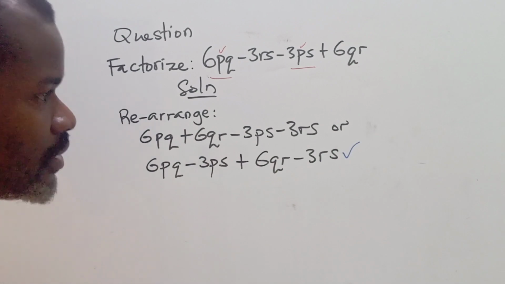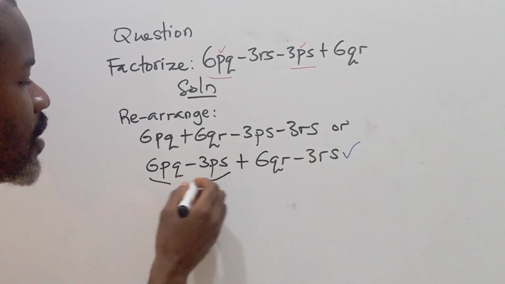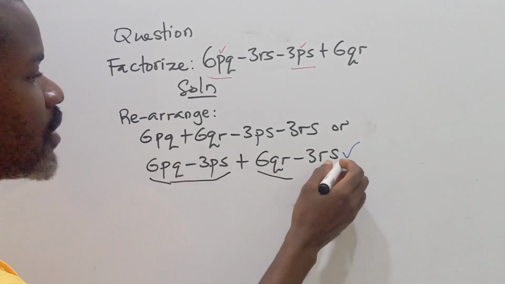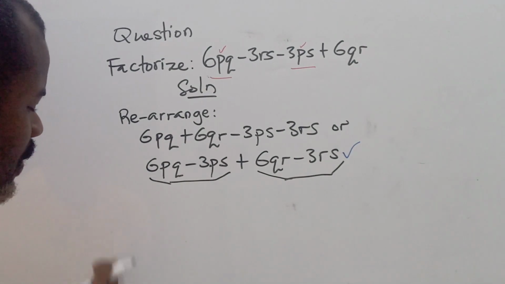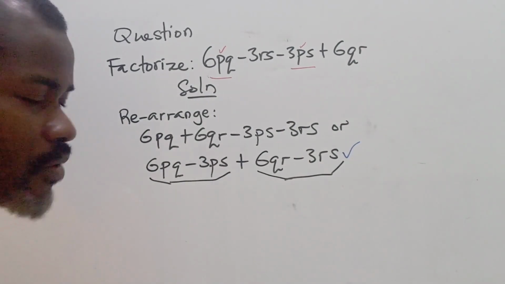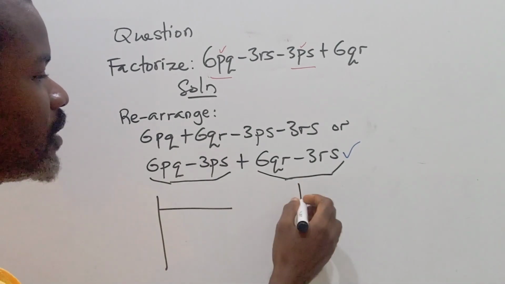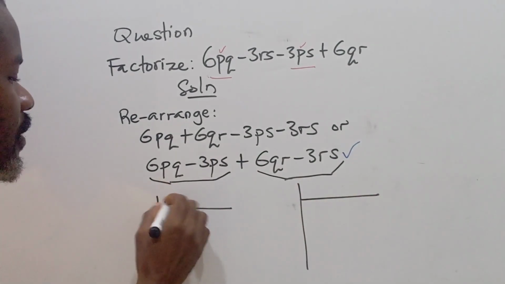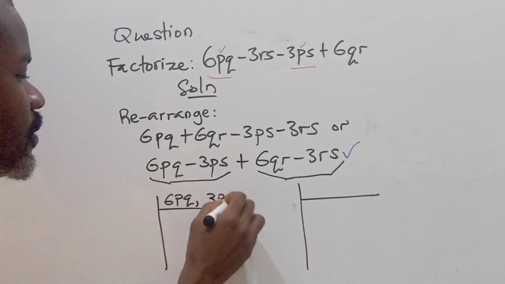Solving with this, the first thing you want to do is pair. You want to factorize this part and factorize this part. To easily do that, let's find the common factor. Here I have 6PQ and 3PS.